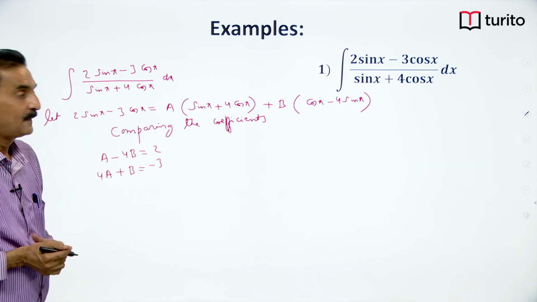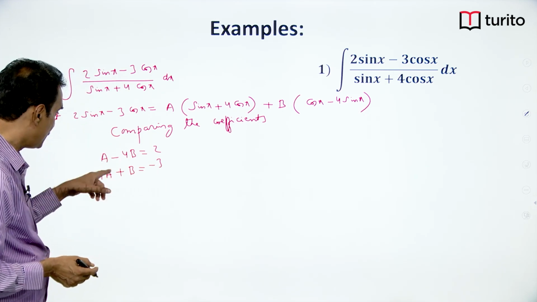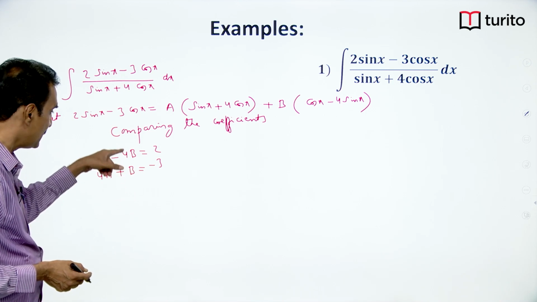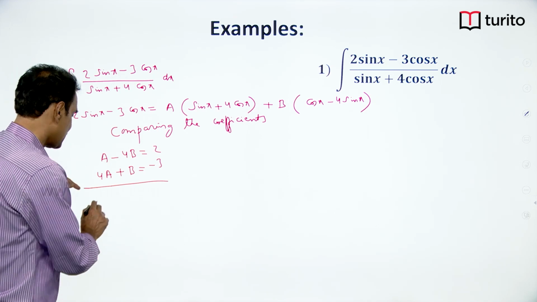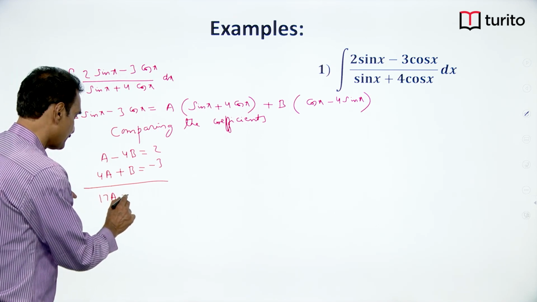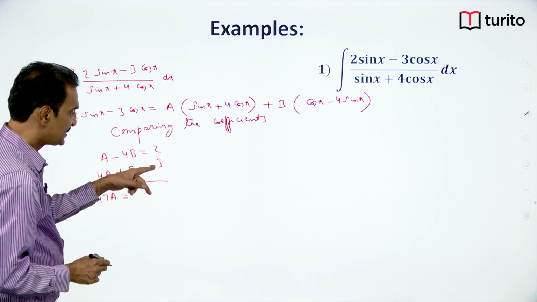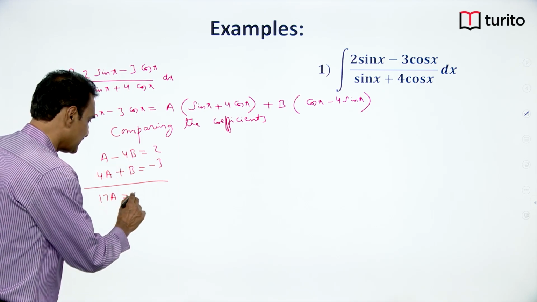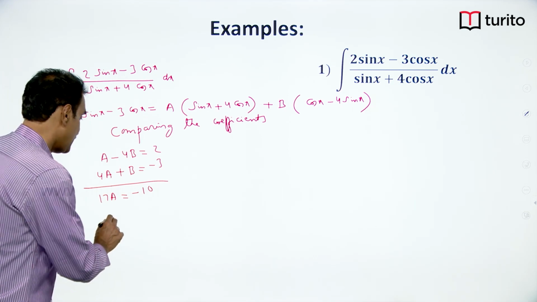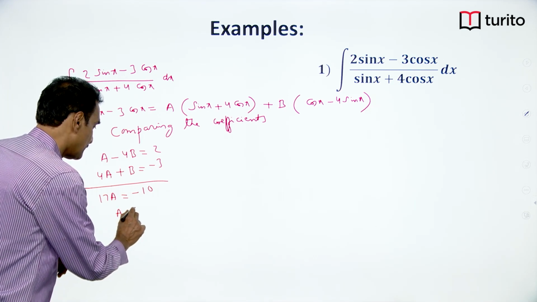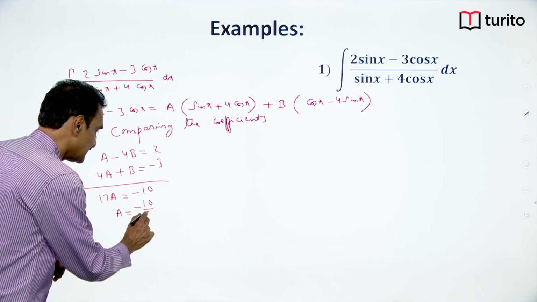Now solve. How to solve? Multiply the second equation by 4 and add it with the first equation. Then 16 plus 1, 17a, equals minus 12 plus 2, which is minus 10. Then a is equal to minus 10 by 17.